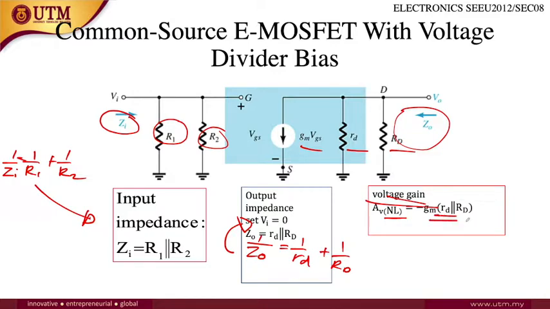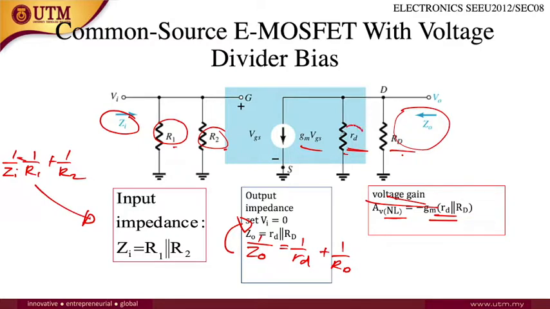All right, so this is the example of how you calculate when there is an RD, the input impedance is located before R1 and R2, and the output impedance is located after RD and RDS.